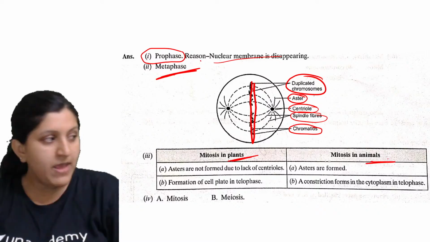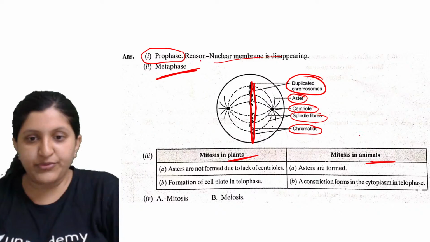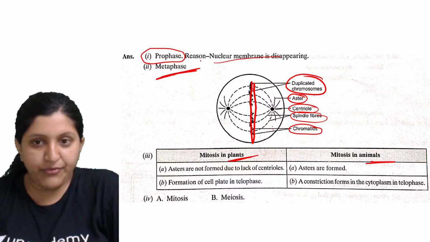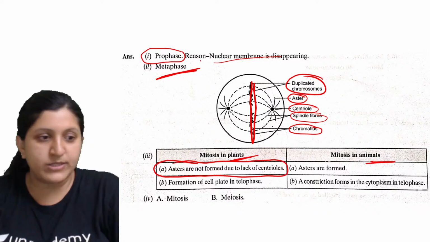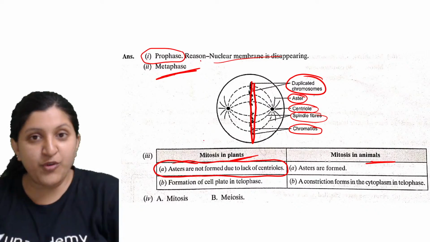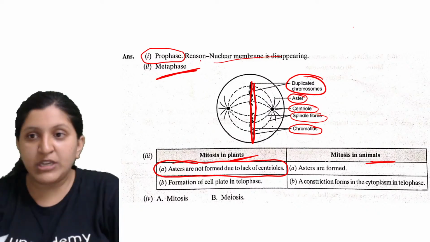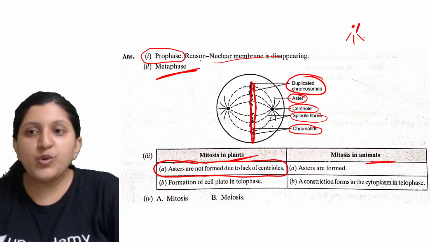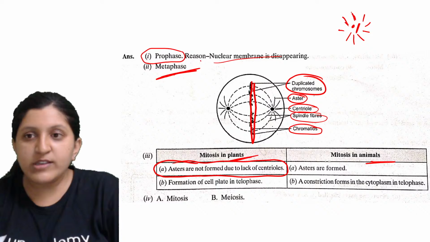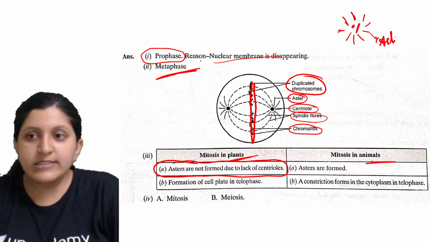In plants, asters are not formed due to lack of centrioles, so there is no aster formation. What is aster formation? The centriole will be there, and surrounding the centriole you can find the aster rays. Let me just label this one. So these are the aster rays.